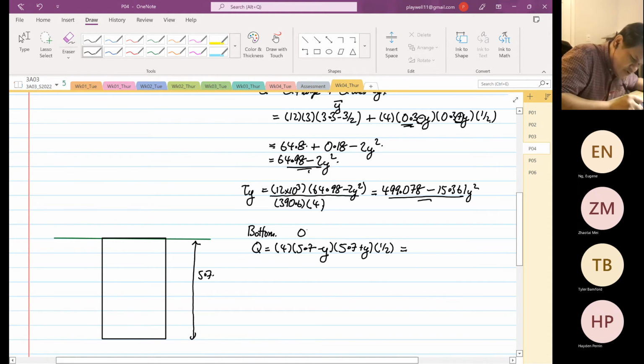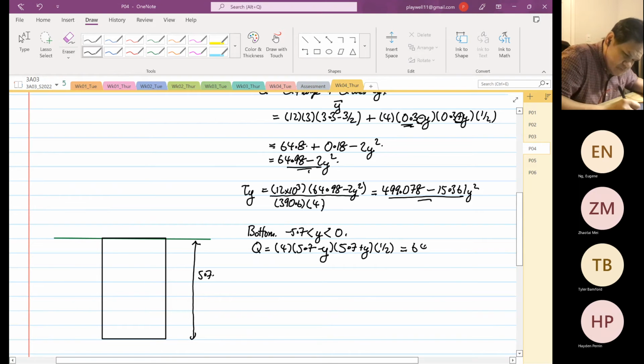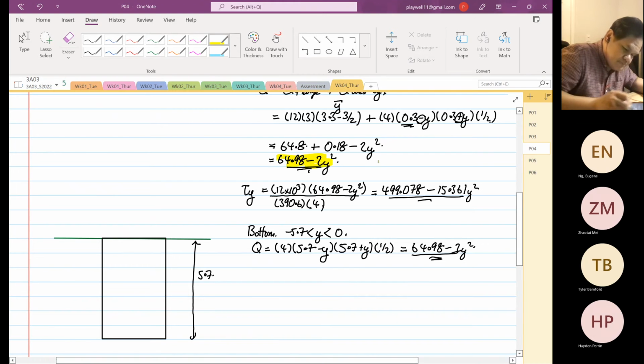So the range is 0 to y, or minus 5.7 to 0. Okay. So this will be 4 times 0.5 times 5.7 times 5.7, which is equal to 64.98 minus 2y squared. And you realize that both of these equations are the same.